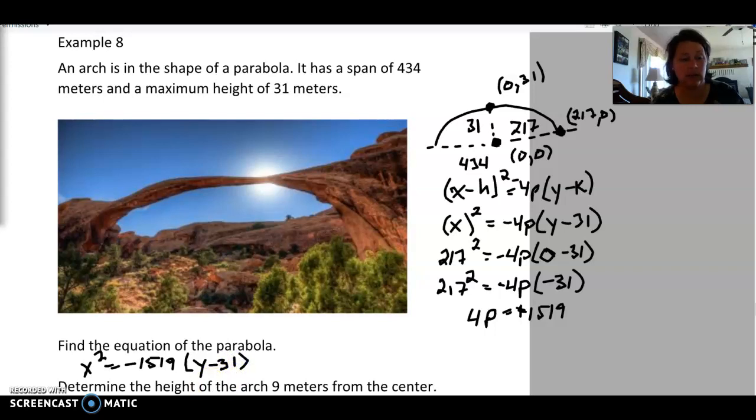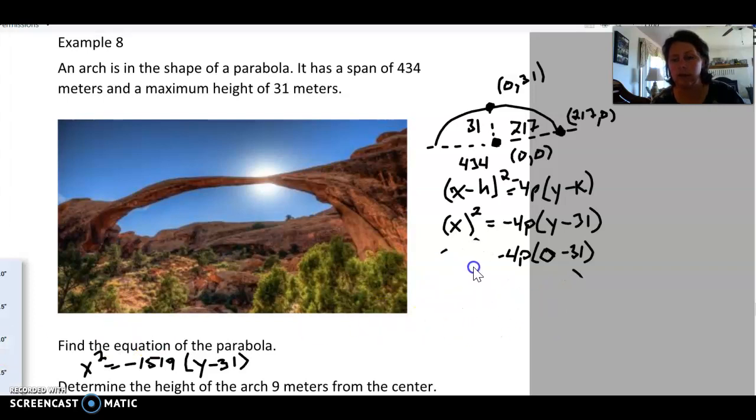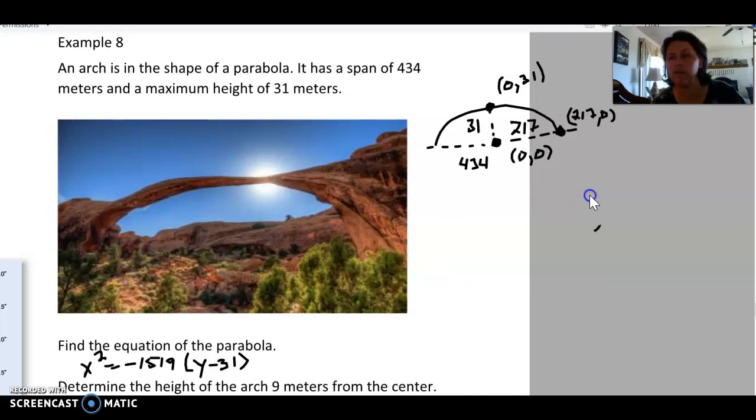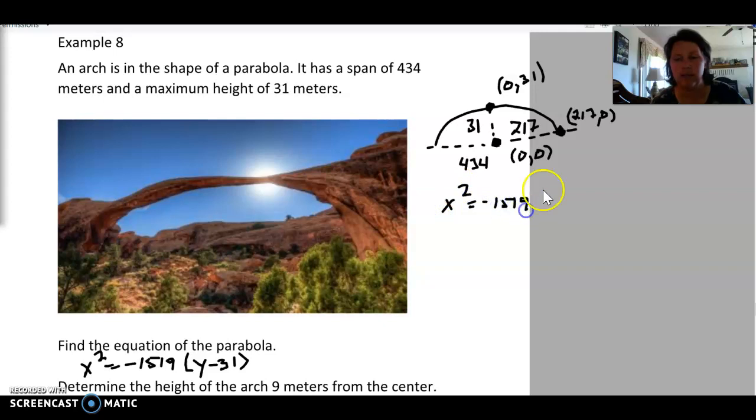So now let's go back. Erase some of this here, back up to our original equation. We're going to rewrite it, I guess, because I don't have it written over here. Okay, so let's rewrite this equation. X squared equals negative 1519 and y minus 31.